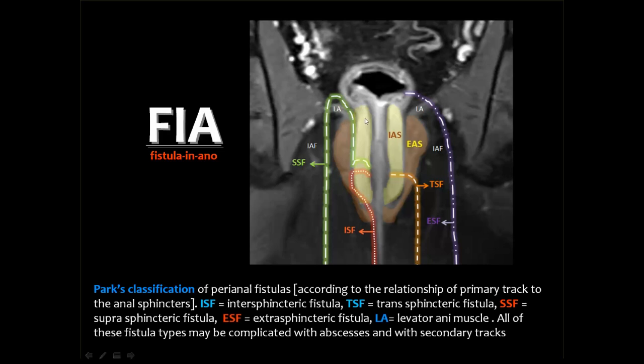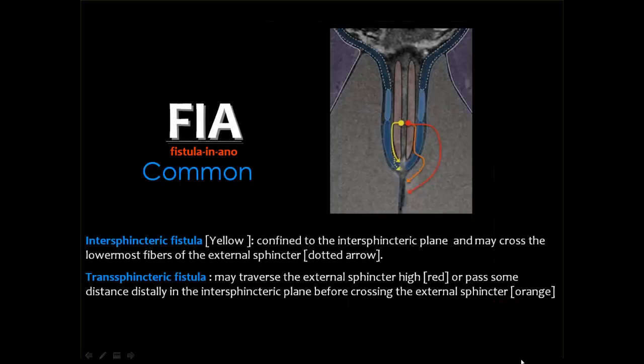If it reaches the puborectalis, this is enough for the name suprasphincteric fistula. But if it goes up above the levator ani, this is also a suprasphincteric fistula. The last type, the extrasphincteric fistula, is a tract connecting the outside directly to the rectum above the level of the levator ani.